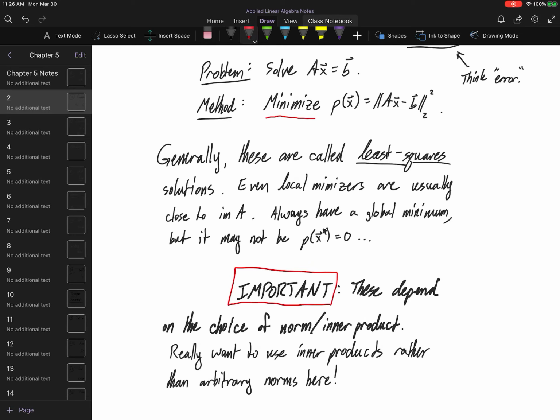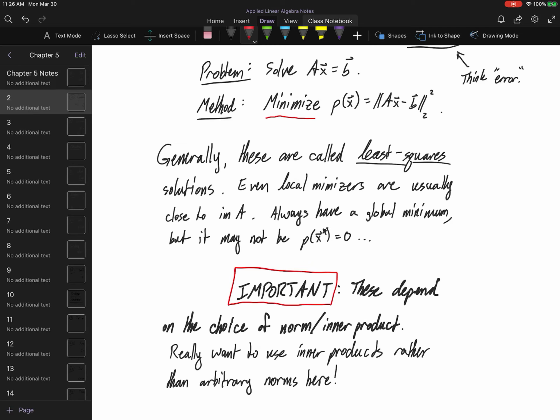So we need to be very clear from the get-go about what the norm is, and say whether we're using an inner product space or just a normed linear space. This is going to be very tricky to deal with in arbitrary spaces.